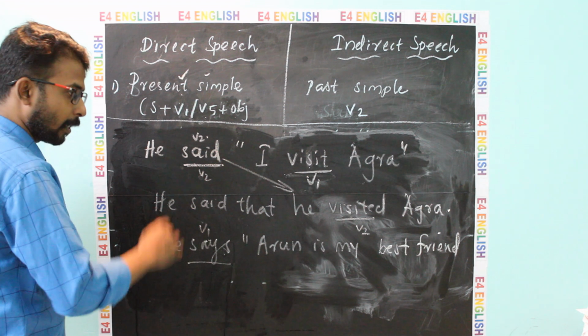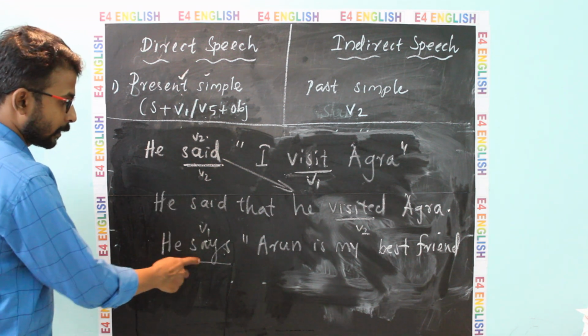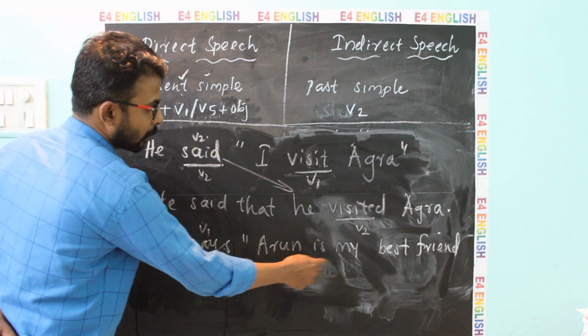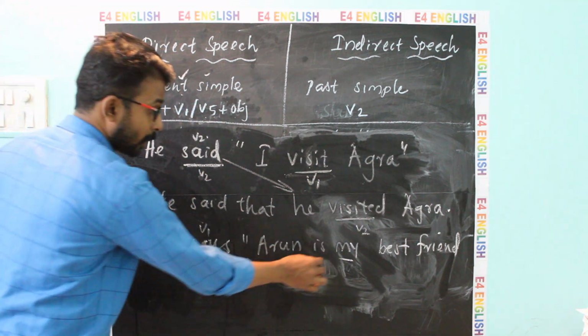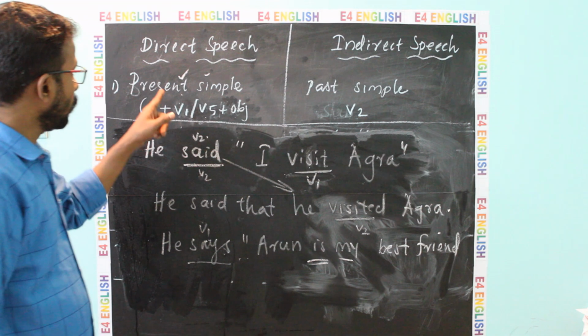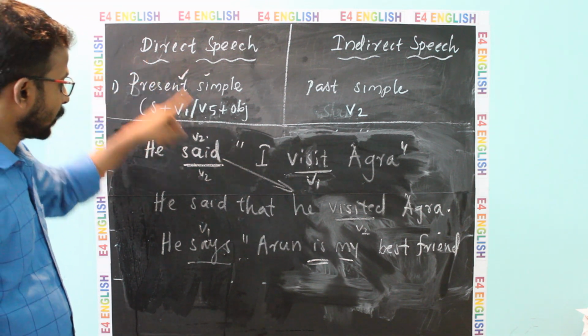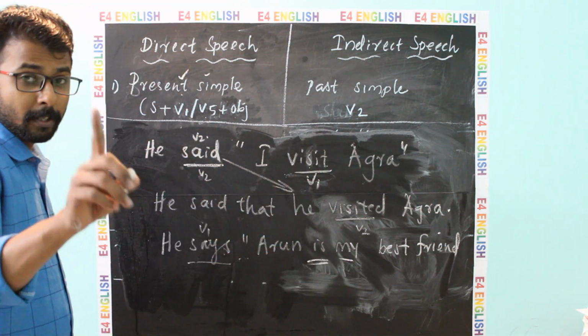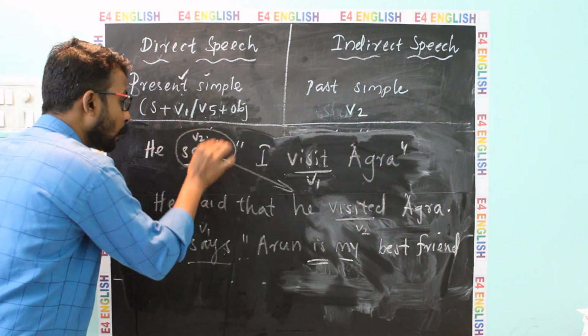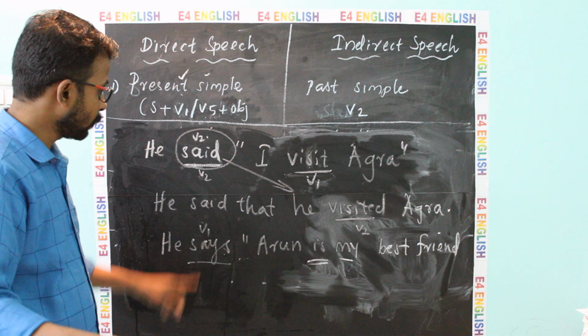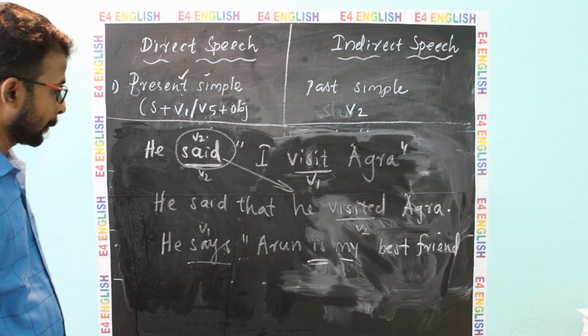Otherwise, the same tense will be continued. He says that Arun is his best friend, as it is. So there is no was here. According to our table, is will change to was, right? But remember that is only depending upon the reporting verb. If it is V2, then we are supposed to do it.